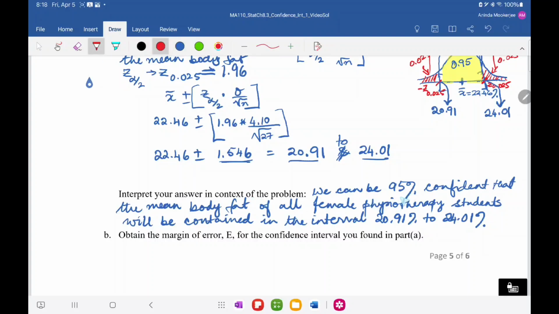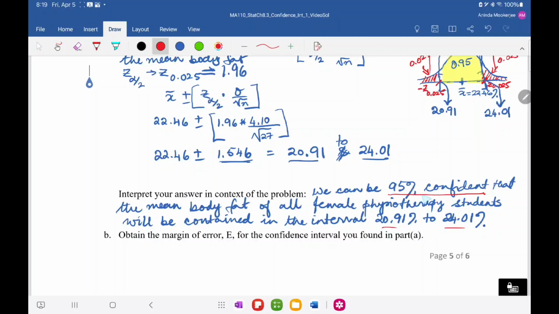You have to write the 95% confidence interval that you found, because if you use a different confidence level, then it would be a totally different interval with different endpoints.